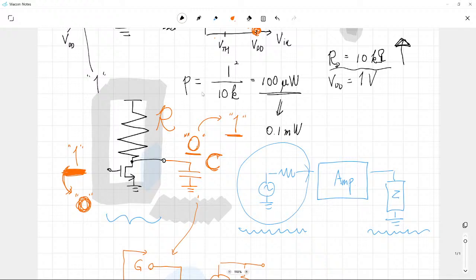Of course, there are only two paths. One path is the NMOSFET, and another path is R. However, in this case, please note that the input voltage is just 0, so the NMOSFET is effectively turned off. It does not provide any current conduction.